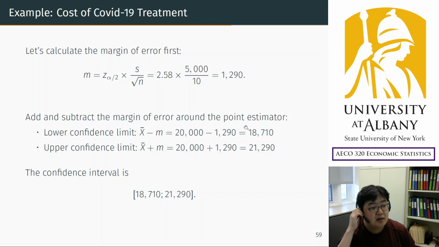So in the end, your confidence interval becomes $18,710 up to $21,290. So you think the true average, the true mean, true expected treatment cost must be in between these two numbers.